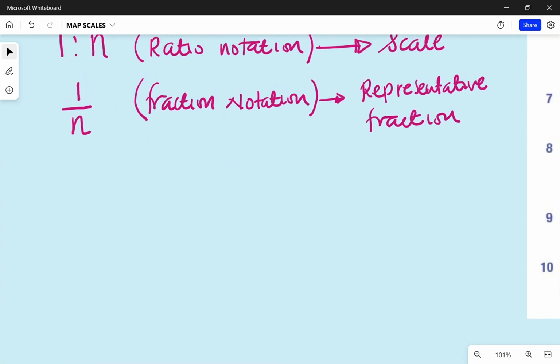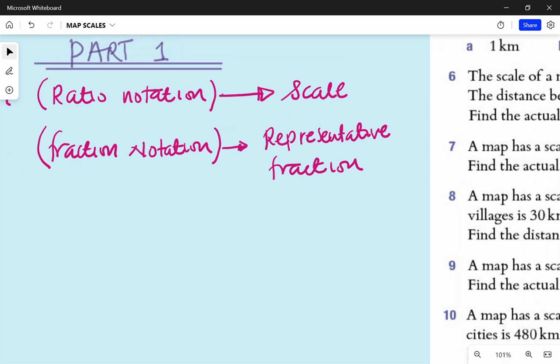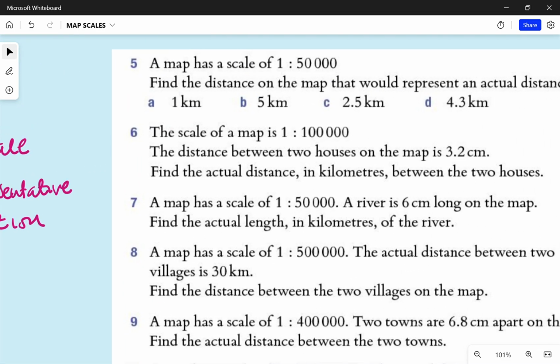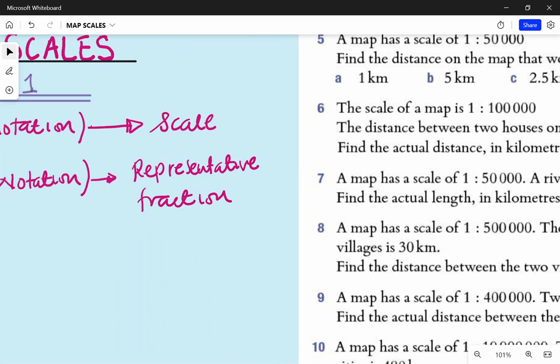I'm going to use these questions here as examples. Maybe before I look at examples, let me give you one more thing that is going to be helpful as we go into this journey. Let's go back to this part.